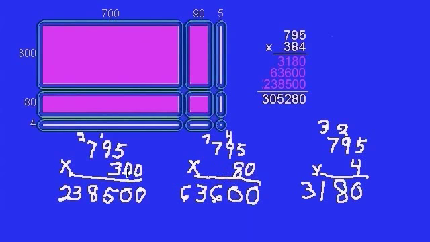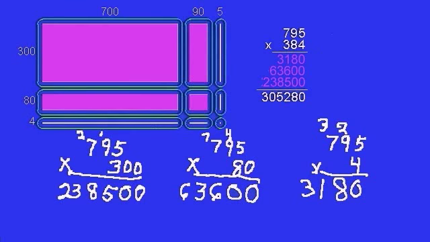And likewise, for the hundreds multiplication, just bring down the zeros, and then just multiply by 3, and then add up all your subtotals. So what we've done is convert the big problem into a series of smaller problems.